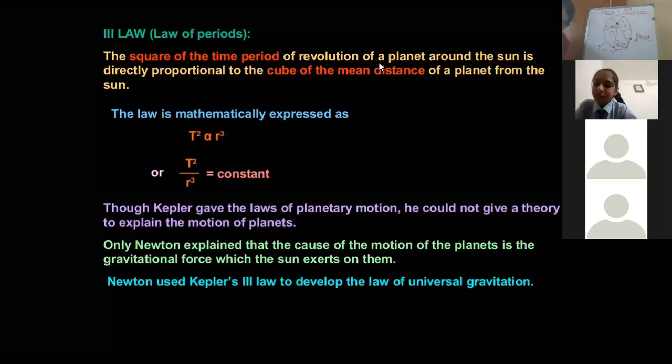T square is directly proportional to R cube, or in order to remove the sign of proportionality, I will introduce a constant, and let the constant be K. Then I can say T square is K times R cube, or K, that's constant, is equal to T square upon R cube.